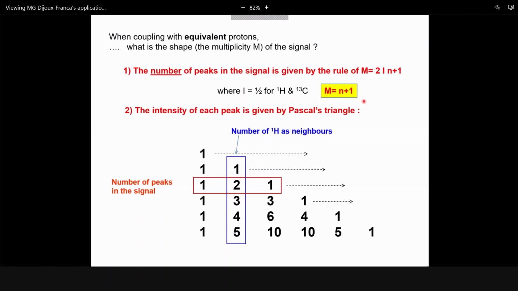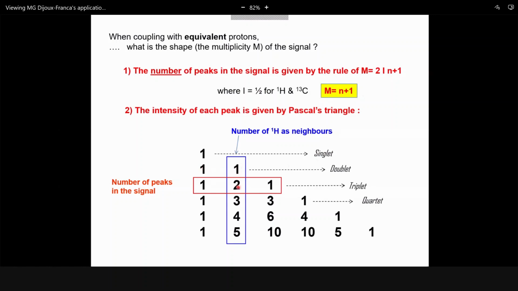Okay, this is what I said already. So if I have no proton aside, that means that I have a singlet. If I have one proton aside, I have a doublet, 2 lines with the same height.